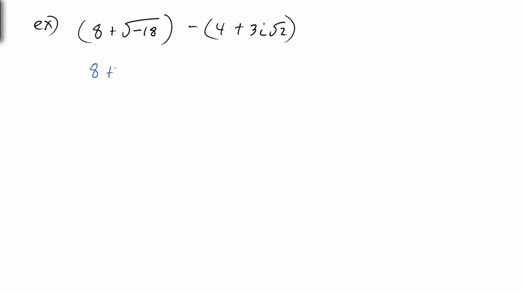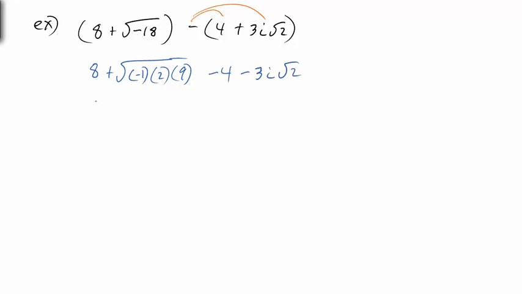So here we could think of this as the square root of a negative 1. And the 18 is not a perfect square, but we can write that as 2 times 9 because 9 is a perfect square. And if I distribute the negative sign here, we would have a negative 4 minus 3i square root of 2.